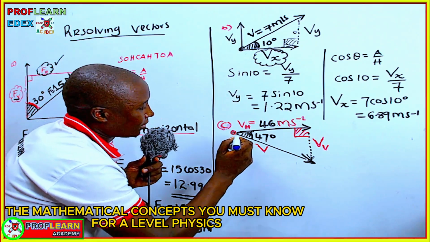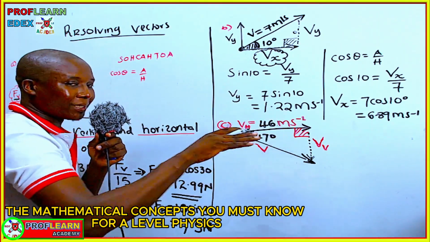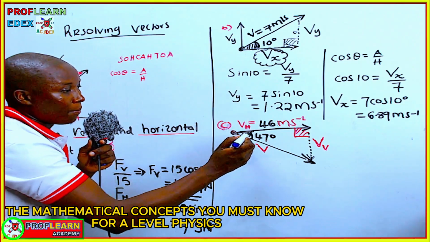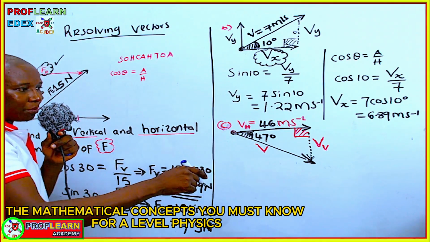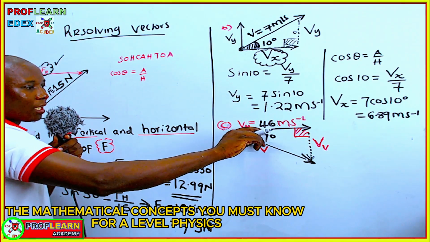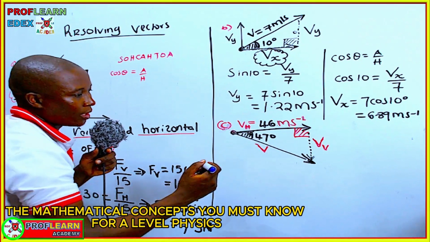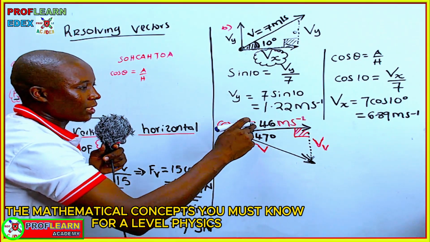So we are going to say, since we are having this object moving at 46 meters per second in the horizontal direction, but the angle now, remember it was projected at 47 degrees from the horizontal. So we can say that this is hypotenuse and this is adjacent.